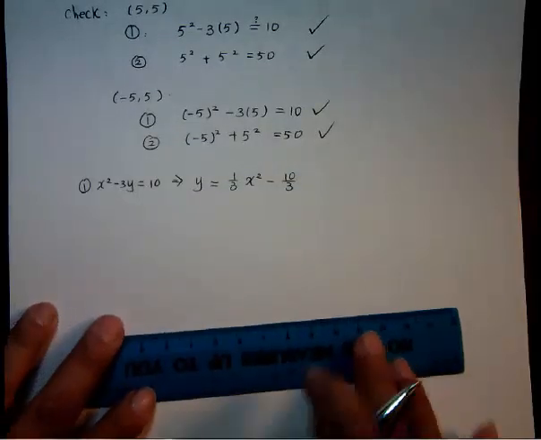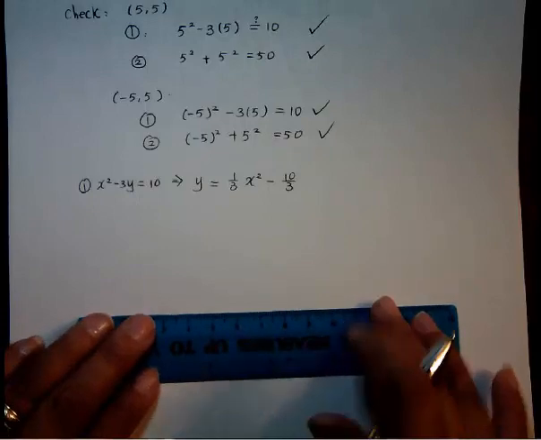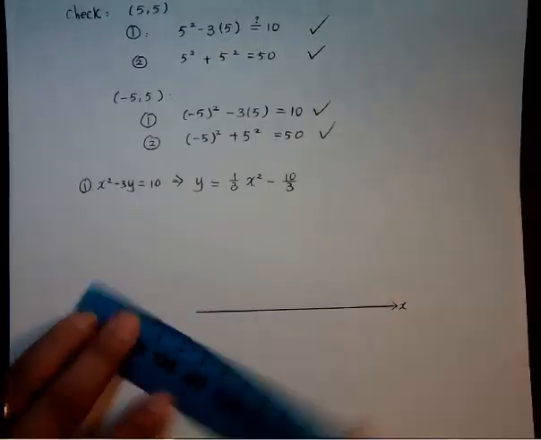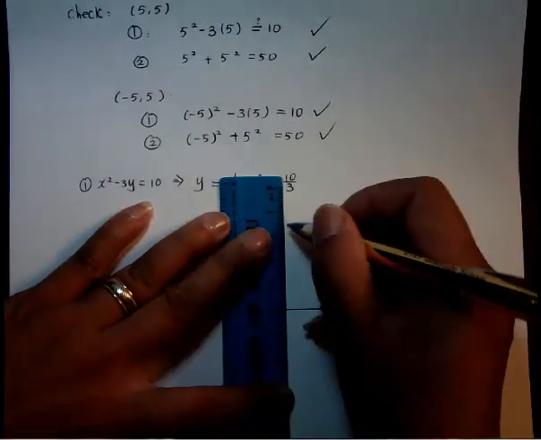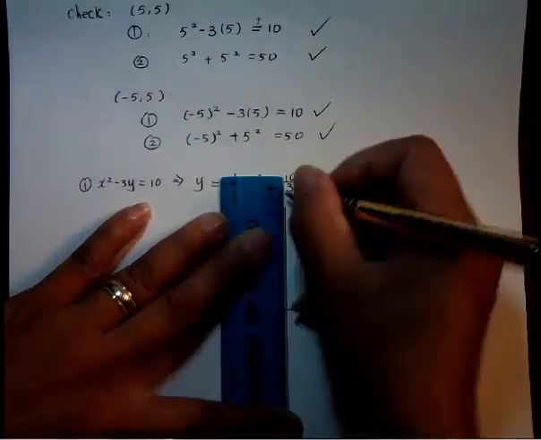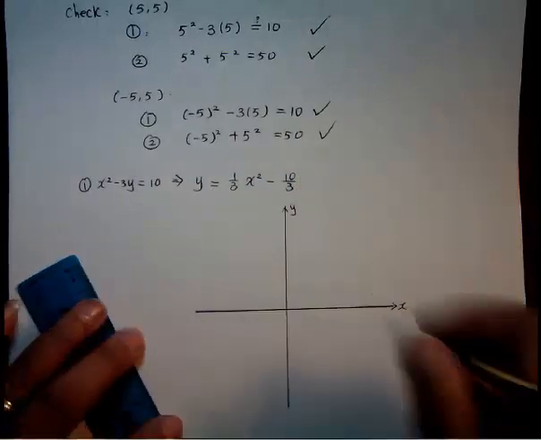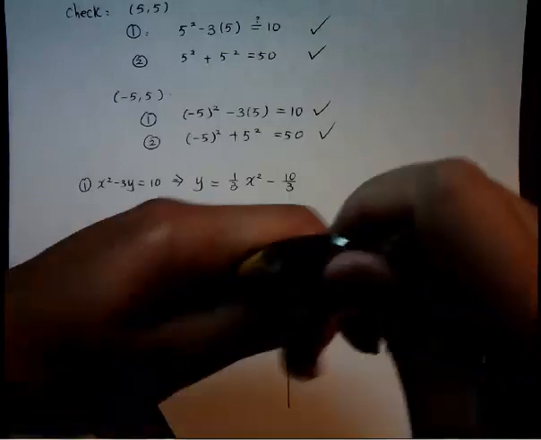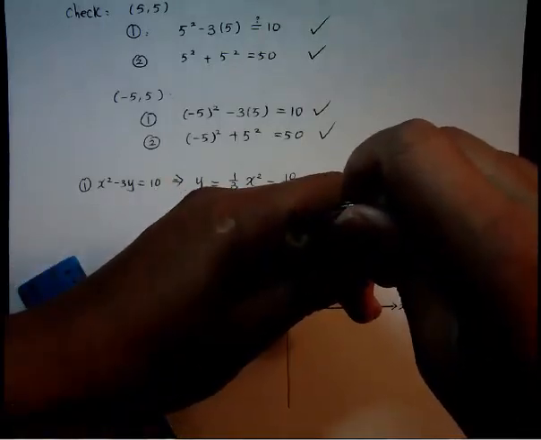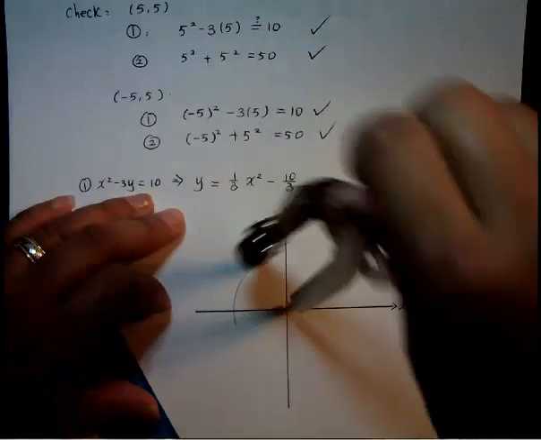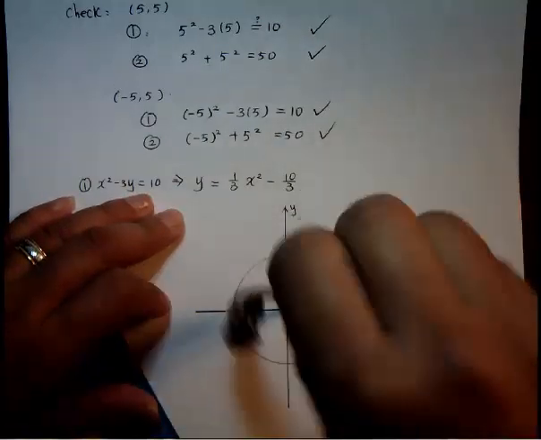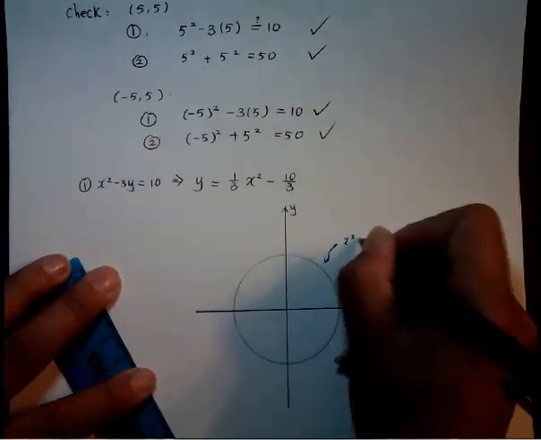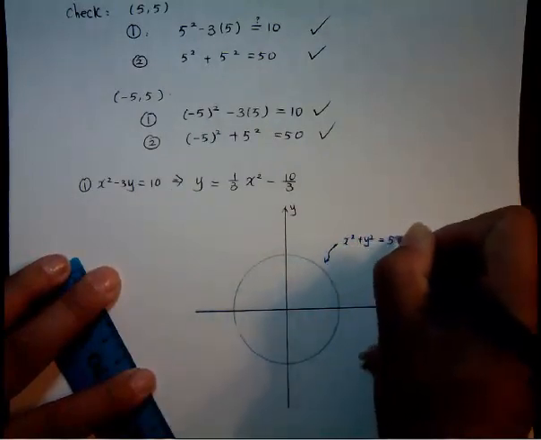And the other one is a circle, right? So I'm just going to do an approximate graph here. So you will have a circle, which has 0, 0 as its center, and you have a radius of square root of 50. So this is x squared plus y squared equals 50.